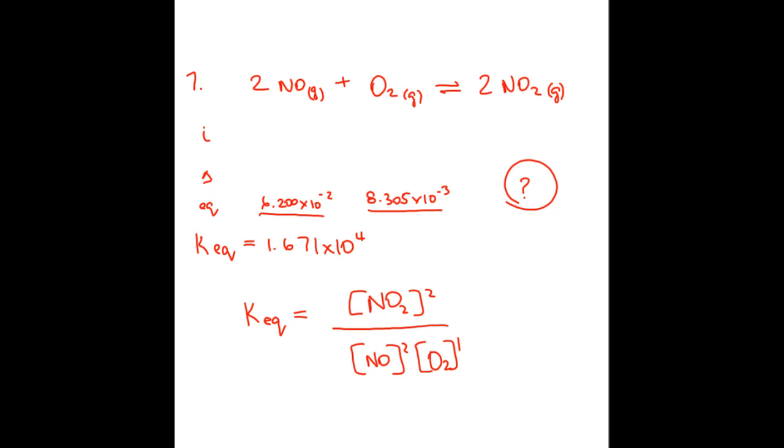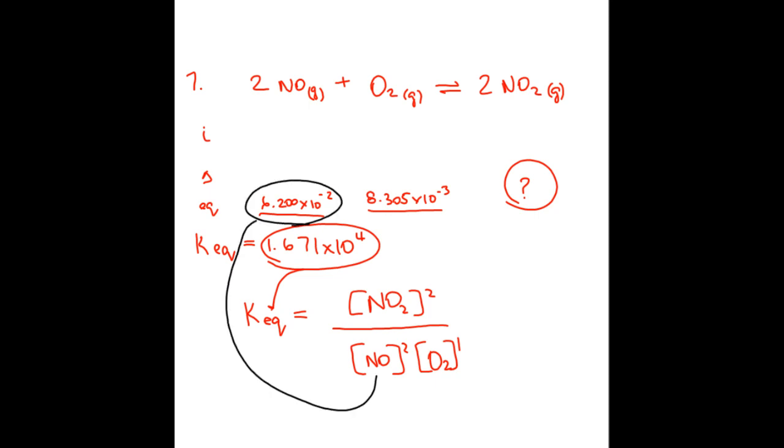So in this case, we have the K equilibrium given, and we're trying to find the NO2. So we're using this number, plugging it in to that. We're using this number and plugging it in to that. And we're using this number and plugging it in there.